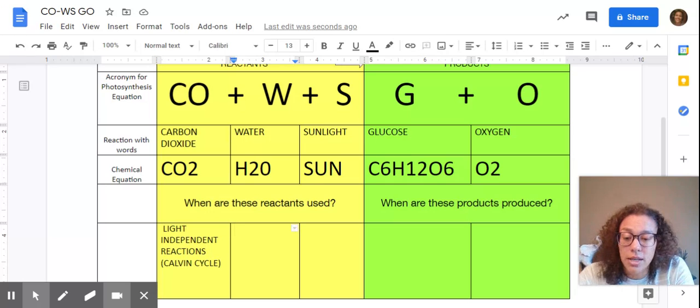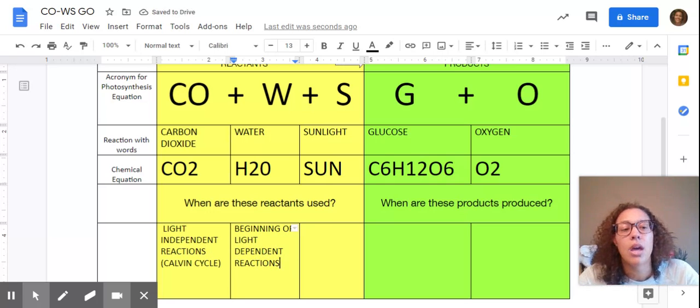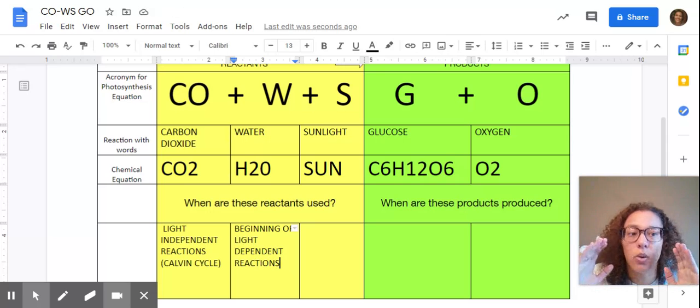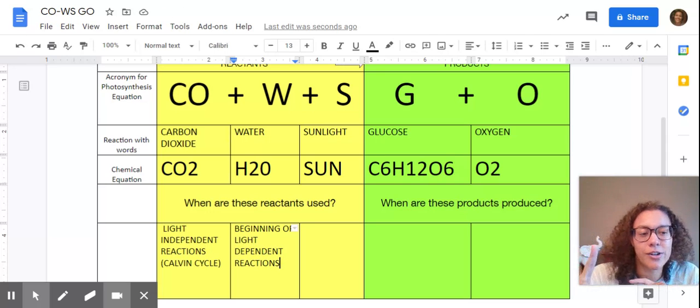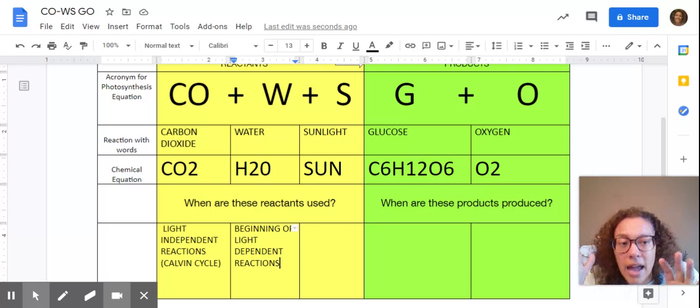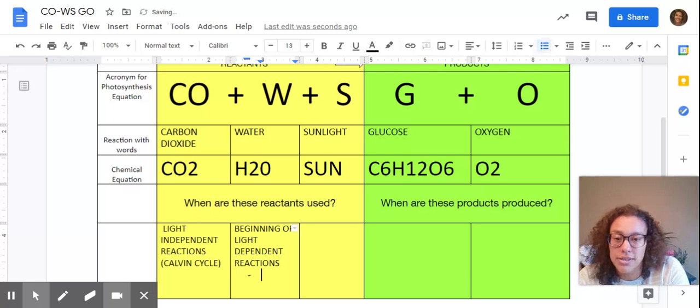Water, we know, is going to be used at the beginning of the light dependent reactions. If you want to get really specific, you could say that this is happening in photosystem 2, the very first step of those light dependent reactions in the thylakoid.